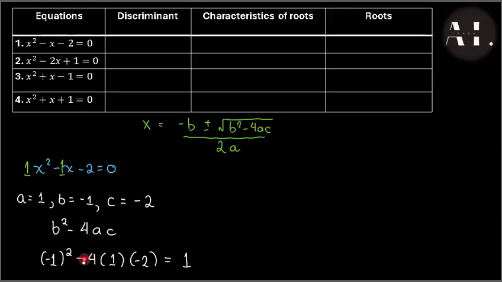Then the product of negative 4, 1, and negative 2 is positive 8. Now this will give us a discriminant which is 9. Since the discriminant is a perfect square, the roots will be rational and unequal.